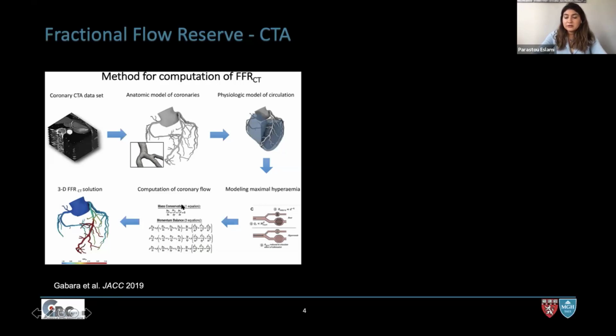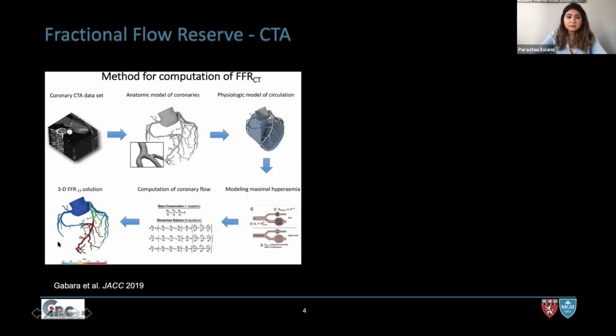Then you input it to your flow solver to solve these highly nonlinear Navier-Stokes equations, and then look at the post-processing information extracted from the fluid velocity and pressure information that the flow solver gives us.